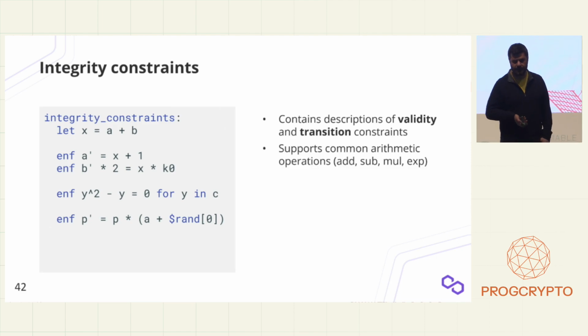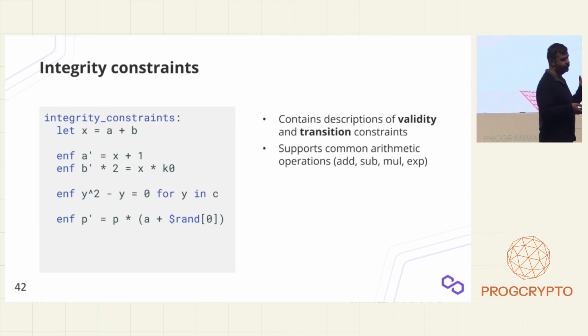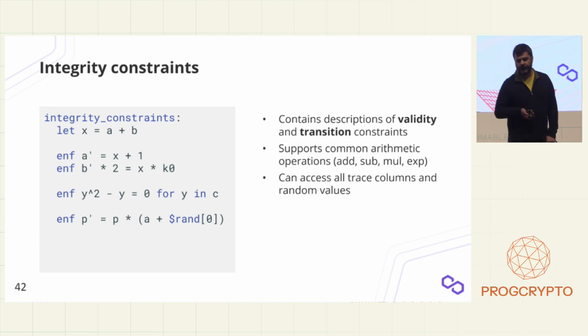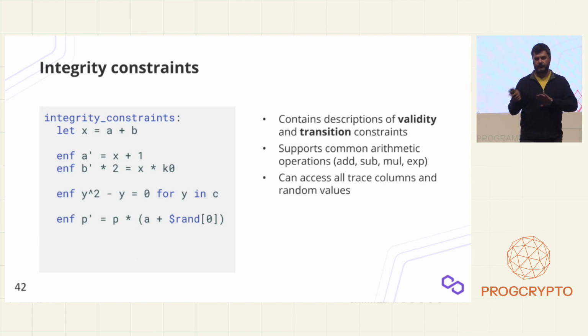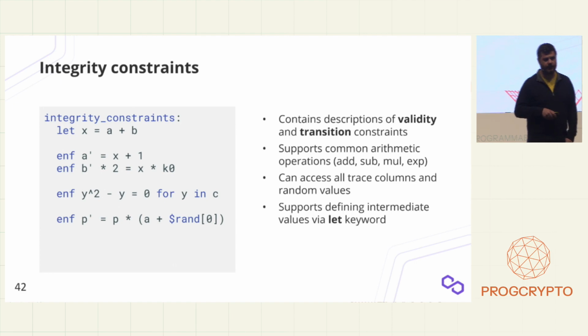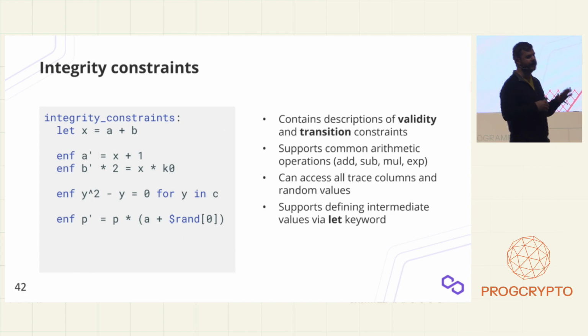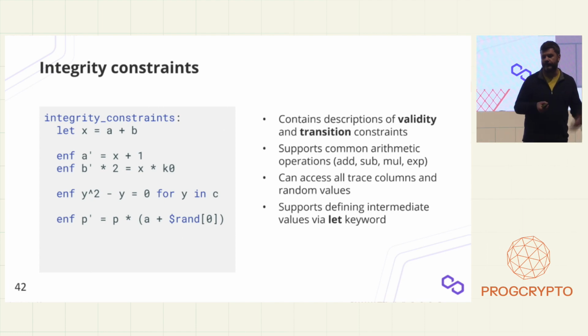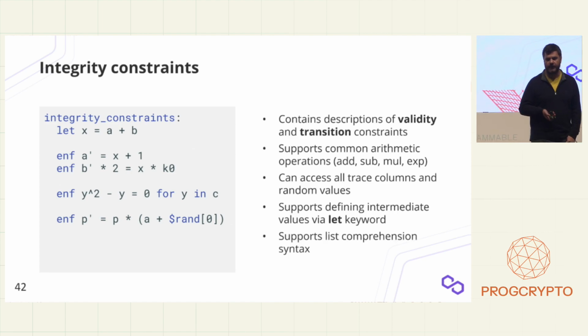We also have all the common arithmetic operations: addition, multiplication, subtraction. We can also access all trace columns and random values in here. The first statement here allows you to define intermediate values, which simplifies things if you have common sub-expressions and so on and so forth.